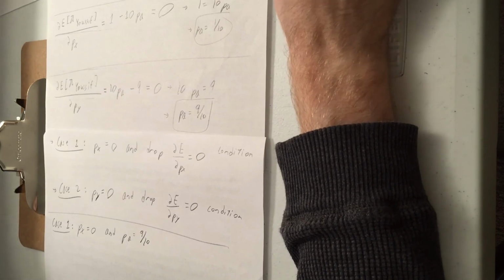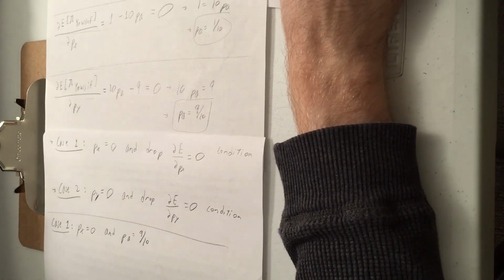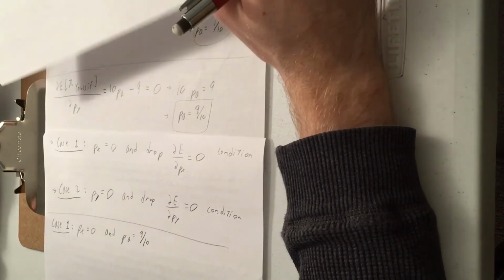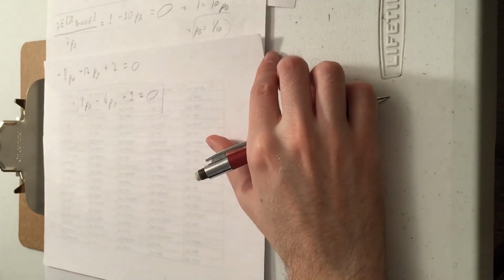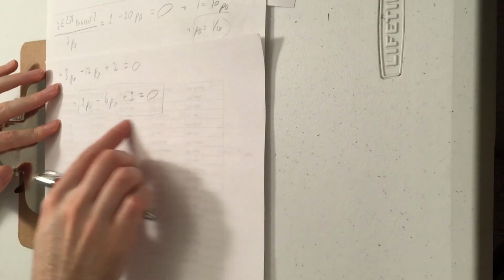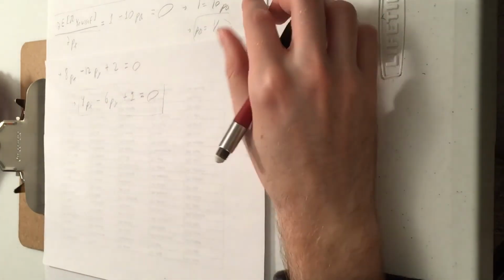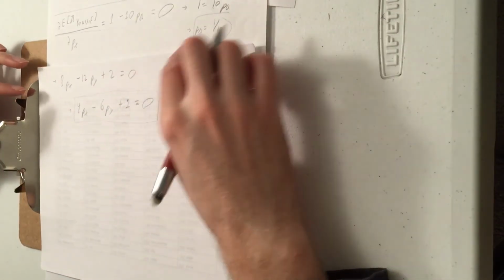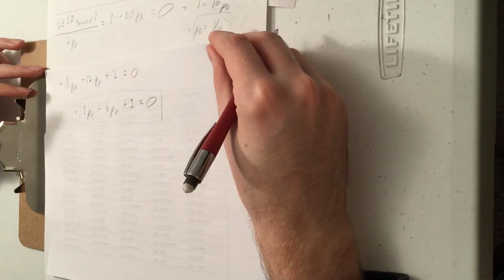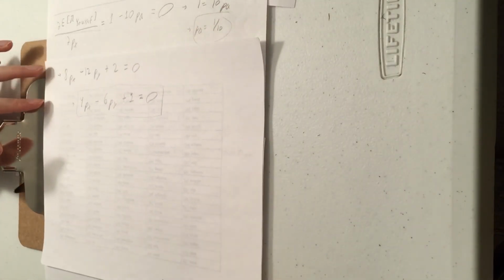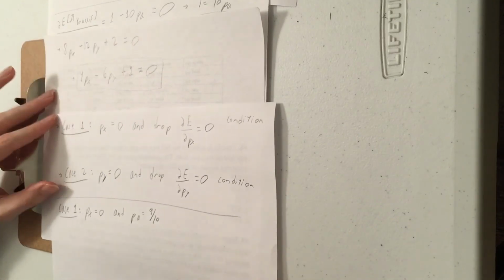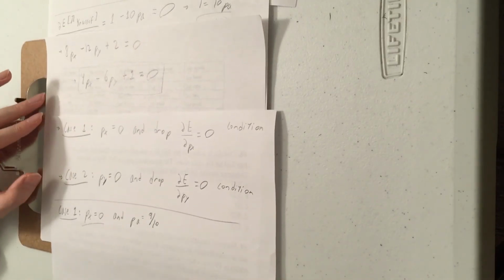Now you go back to what we had earlier over here. We were doing the math for Jake, and this is what popped out at the end: 4px minus 6py plus 1 equals 0. So we're going to plug in px equals 0.